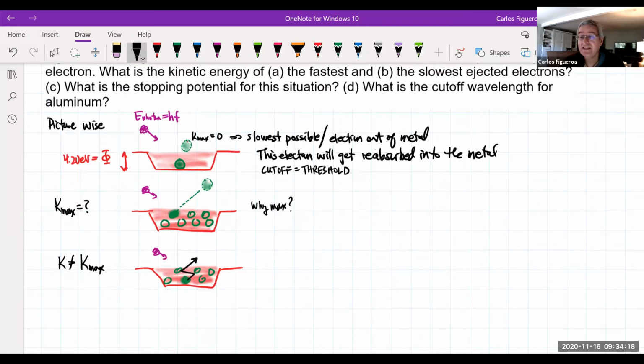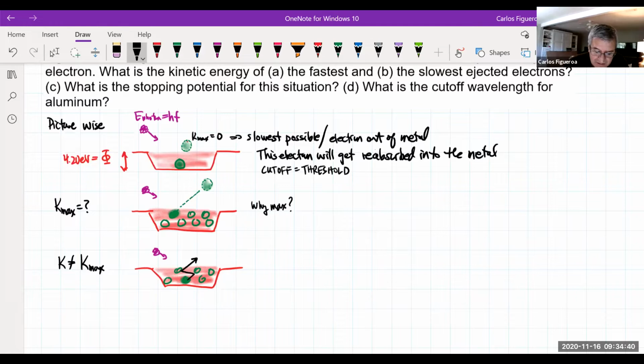It's actually called the skin depth. If you've taken 4B, you may have talked about the skin depth. The skin depth is typically where the electrons live. And these electrons are all roughly in that region.